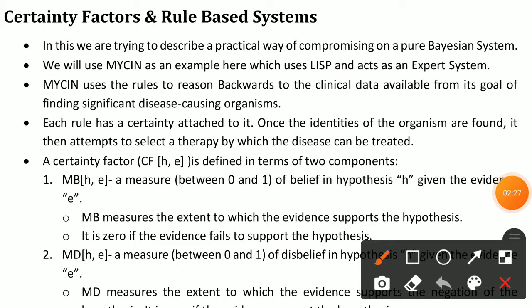Here one medical example is given. In MYCIN we use backward reasoning, and from the available clinical data we can find out the significant data, meaning the disease, why it occurs, and how the organism can be handled.